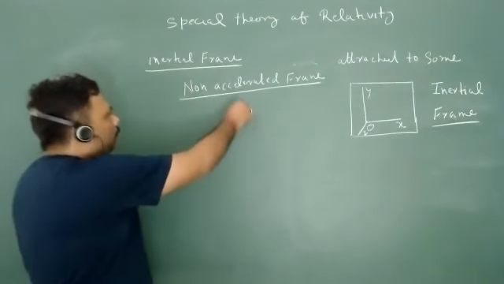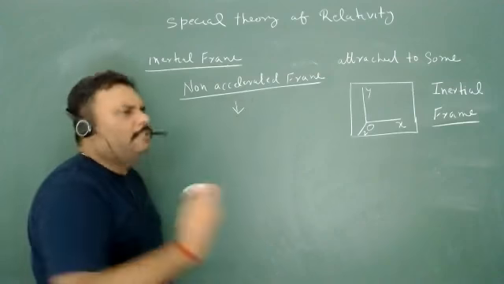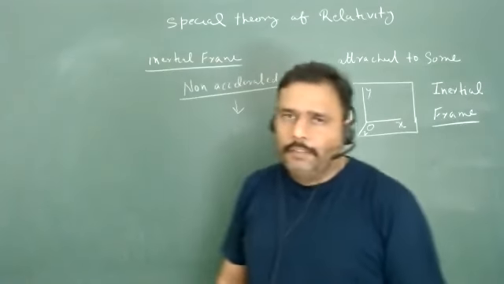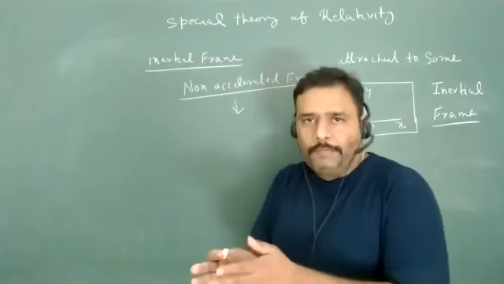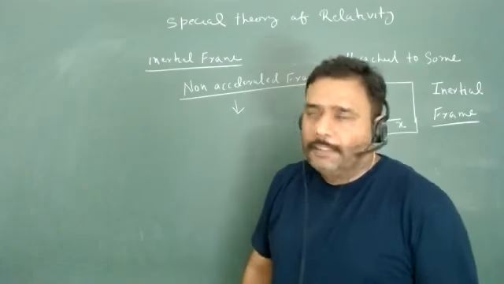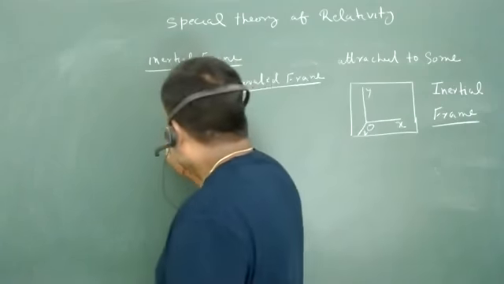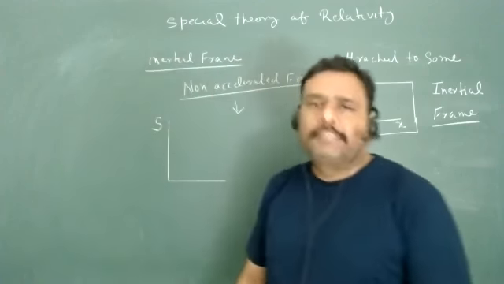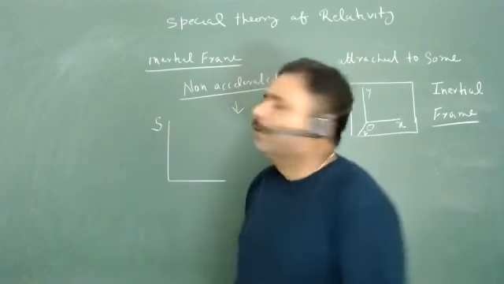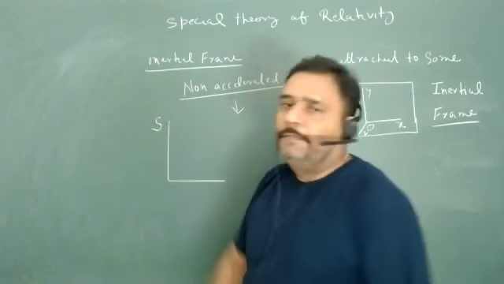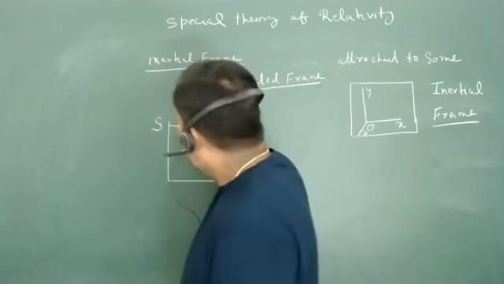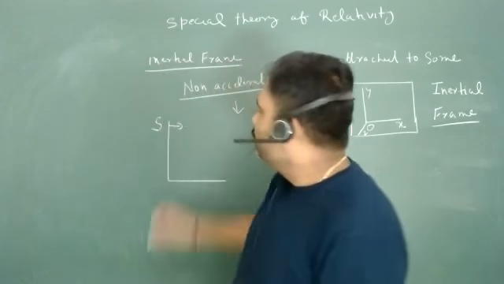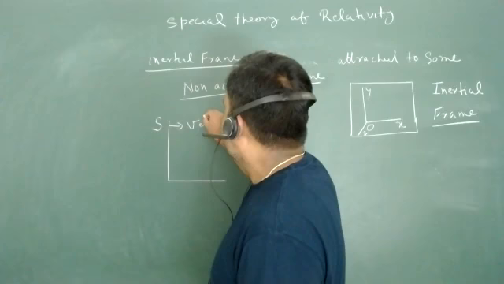Now, what is the meaning of that? The frame must be moving with respect to another frame. That another frame may be moving with respect to yet another frame, but at least we have to define two frames such that we can discuss the motion. Suppose I have one frame, S, which according to the definition is an inertial frame, meaning it moves with respect to some other frame with constant velocity.